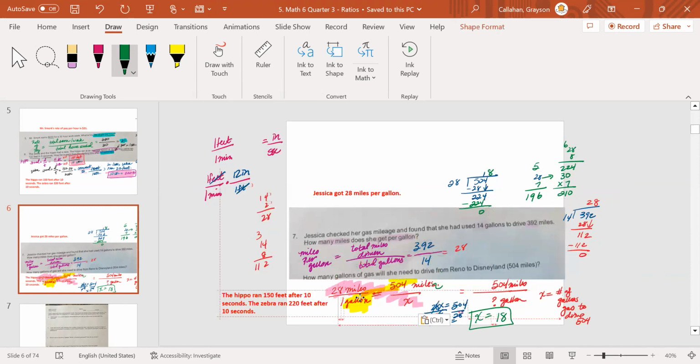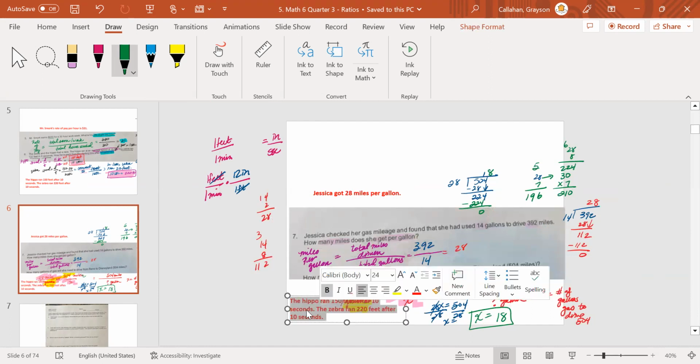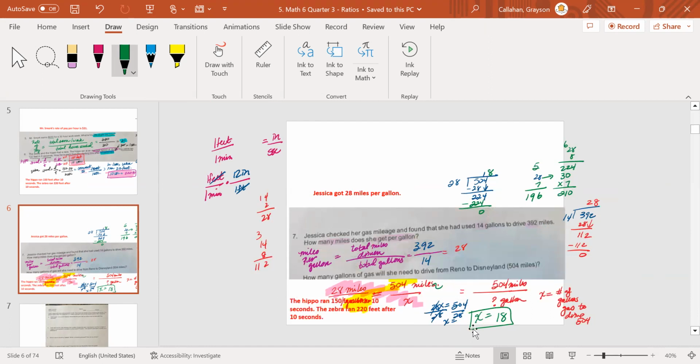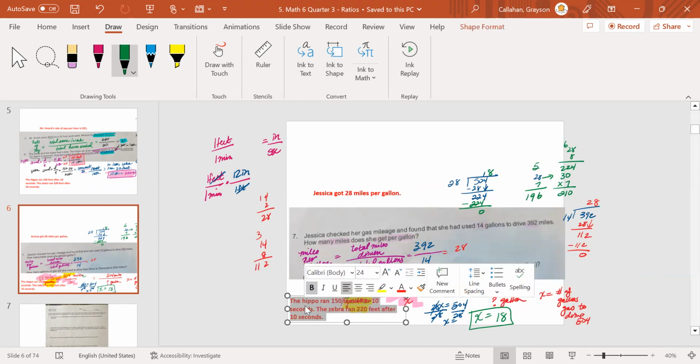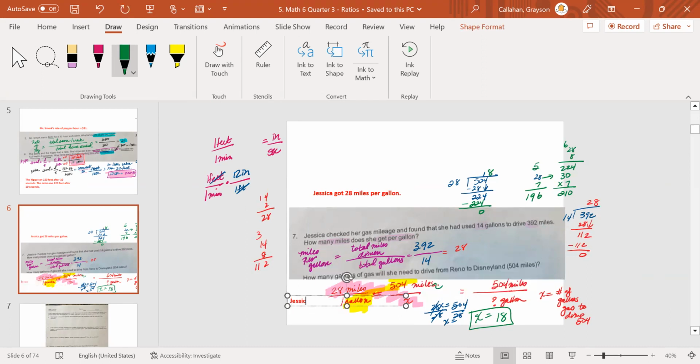The question says, how many gallons of gas would you need to drive from Reno to Disneyland? X is the number of gallons of gas, right? So you would just say, Jessica drove 504 miles from Reno to Disneyland, and she needs 18 gallons of gas.